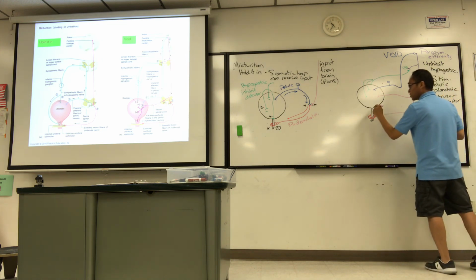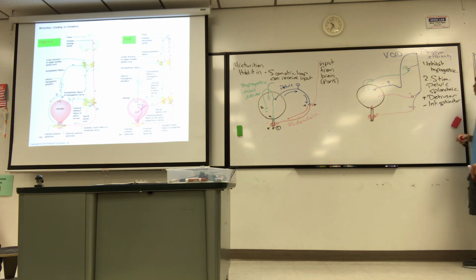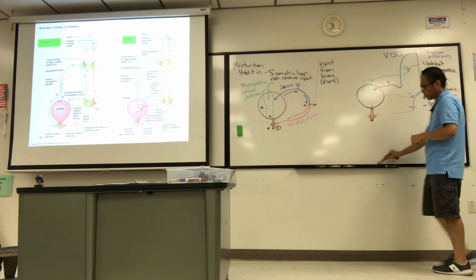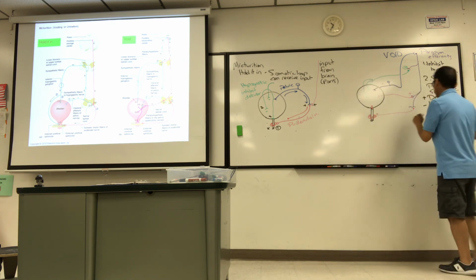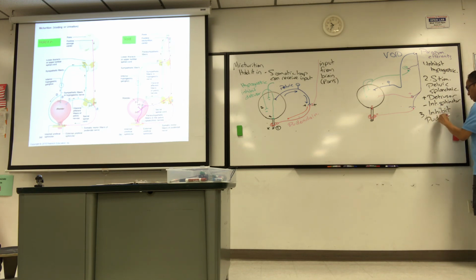And I'll draw the internal sphincter, I didn't draw it over there, and put a negative sign there too. So the last one is third. I'm writing inhibit pudendal. That's this nerve there, and when you do that, you're going to inhibit, negative sign, external sphincter.